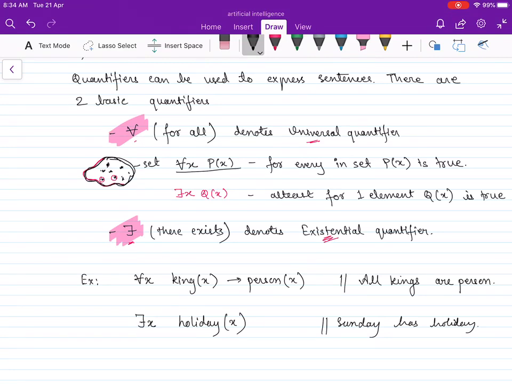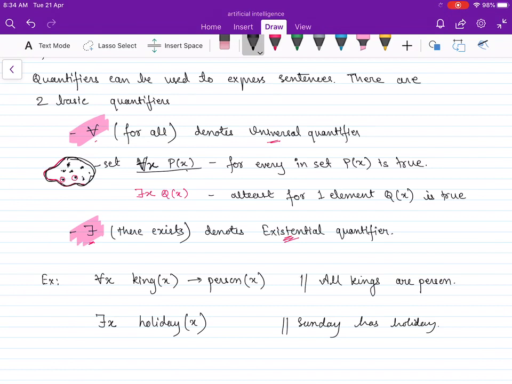If it is written as for all x p(x), this means that the predicate p(x) should be satisfied for all the values of x. For there exists, there should be at least one value for which your sentence or predicate is true.